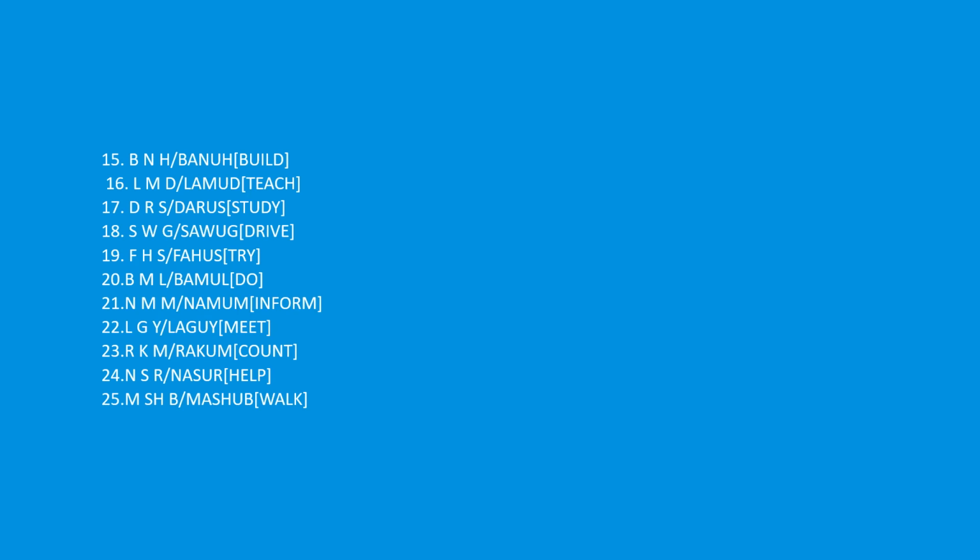The next three-part verb is be, me, li. B's are hard, so when you place the A between the B and the M, and the U between the M and the L, the word is pronounced bamul, which means to do, the verb to do. Next three-part verb.